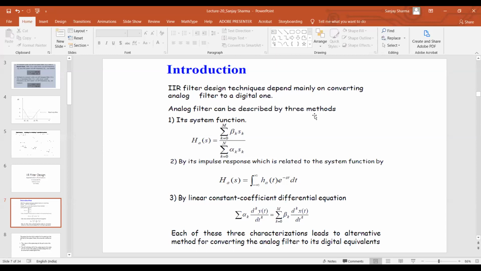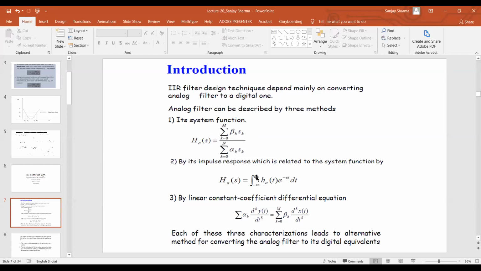All right, an analog filter can be described by three methods: by writing its transfer function or system function in this form, or by defining its impulse response, which is related to the system function. So h(t) is the impulse response, and its relationship with the system function is this.